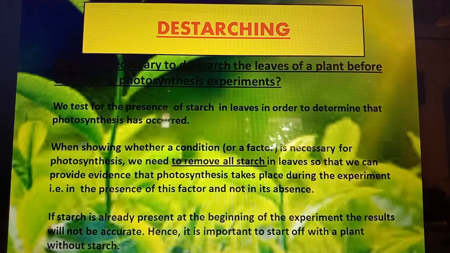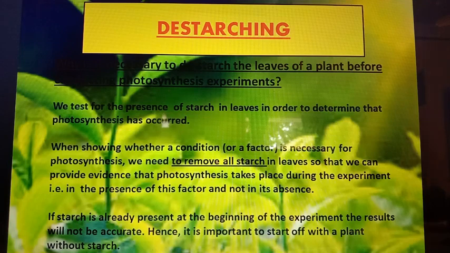Just now I have told that the excess glucose produced in photosynthesis is stored as starch in plants. So, de-starching is the process of eliminating starch in a plant to conduct photosynthesis experiments.